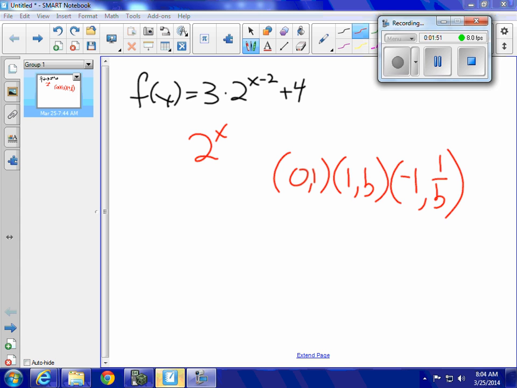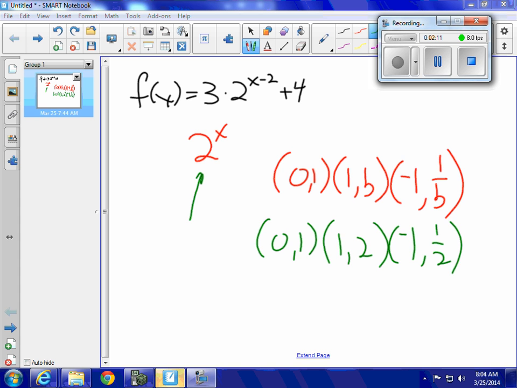These are the 3 points that are going to be on every basic exponential function. My b is my base here, that's the 2. So I have 0, 1; 1, 2; negative 1, 1 half.